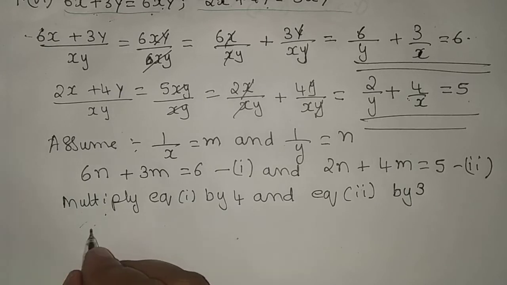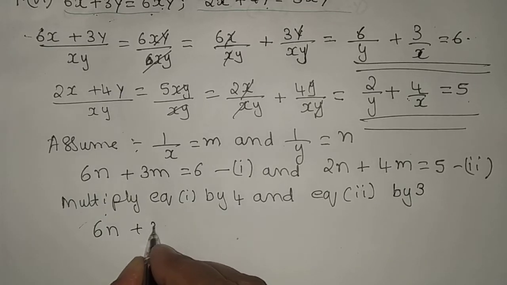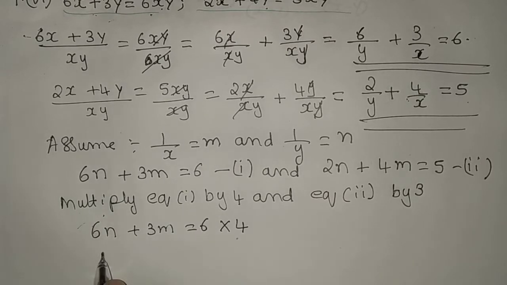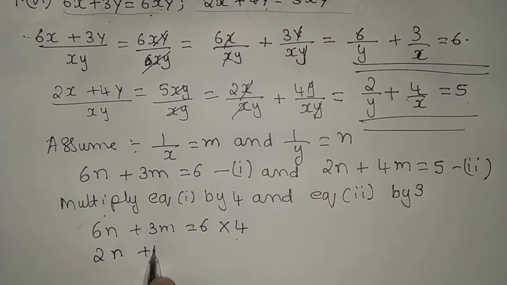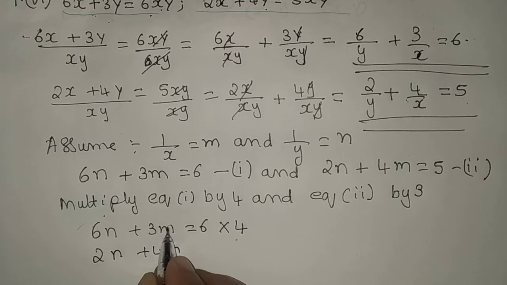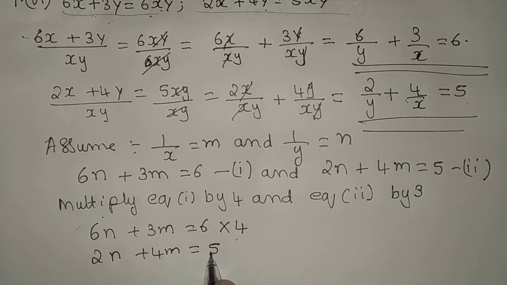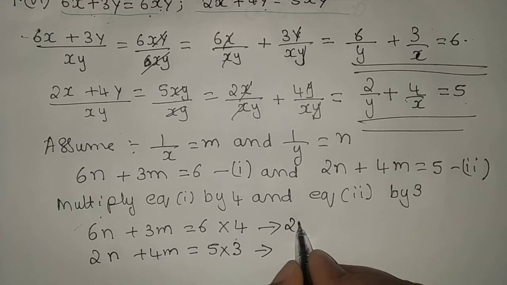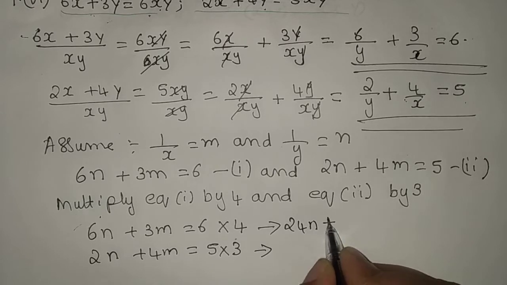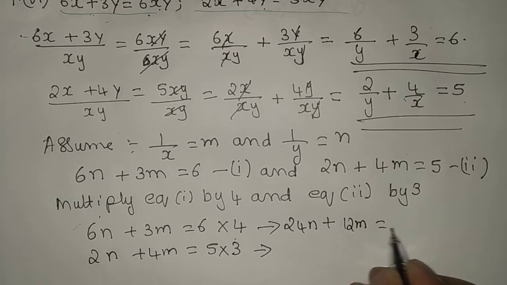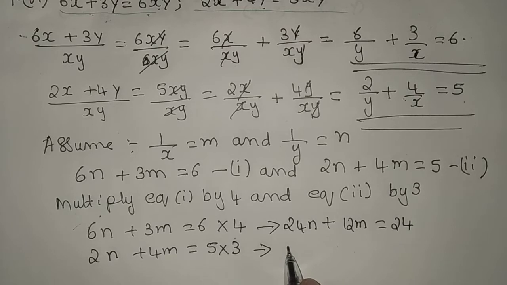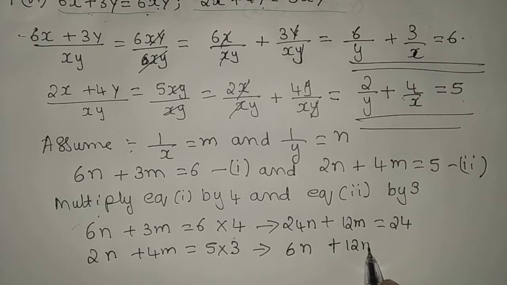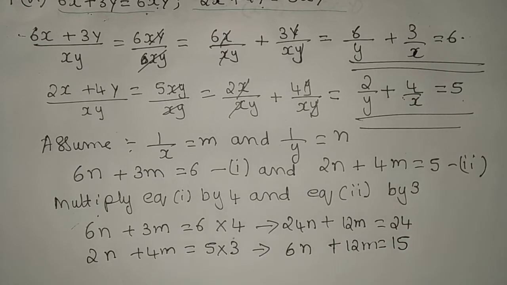So I'll just write 6n plus 3m is equal to 6 into 4, then 2n plus 4m is equal to 5 into 3. The result will be 24n plus 12m is equal to 24. Then this will become 6n plus 12m is equal to 15.